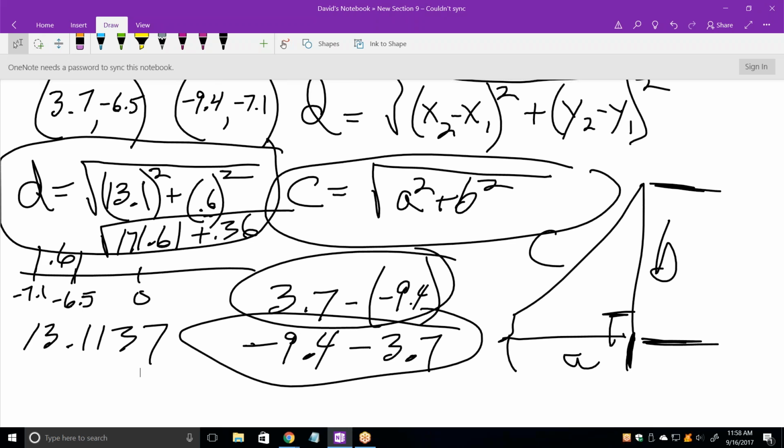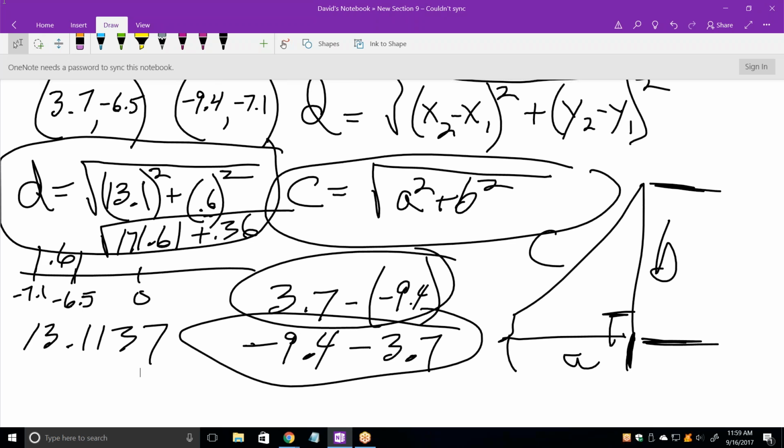All right, let's see. I've got 13.1 squared plus 0.6 squared. That's 171.97. Now to take the square root of it. Oops, hold on.